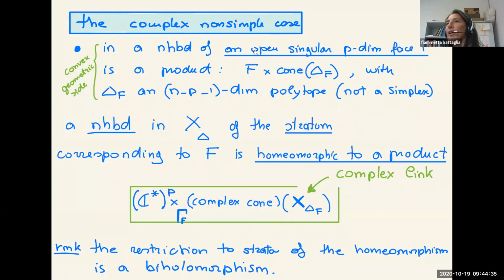A neighborhood of an open singular p-dimensional face F is a product of this face F cross a cone over delta F, where delta F is an n minus p minus 1 dimensional polytope that is not a simplex because F is a singular face.